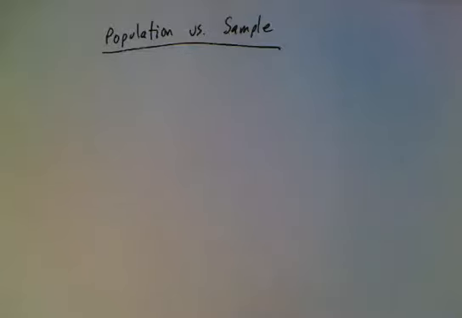We collect data in order to figure out some sort of answer to a question about the world. This data can be collected either from what's called a population or from a sample.